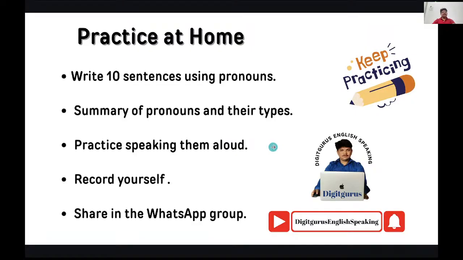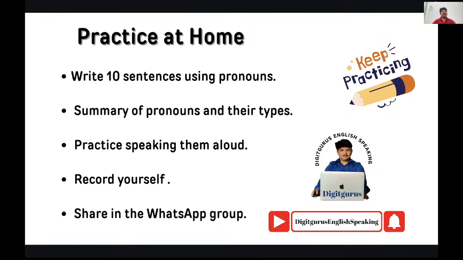Do not be afraid or shy of recording yourself. You have a smartphone. You may use any device or microphone to record yourself. You can also do video recording or audio recording.